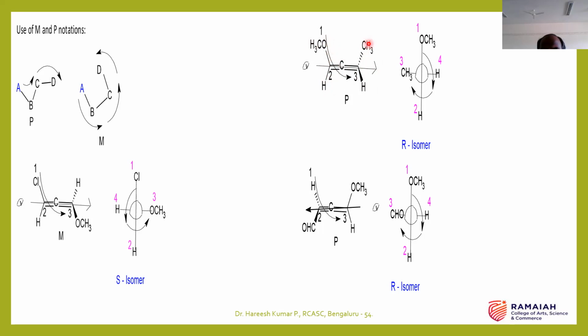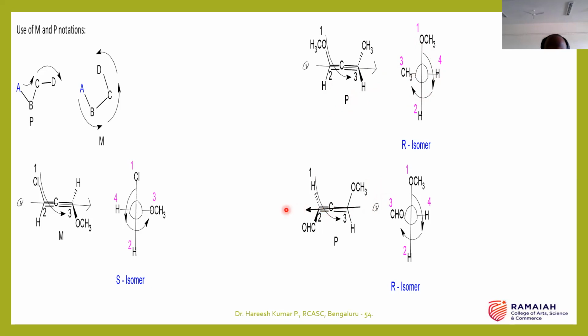Vertical groups are OCH3 and then H. So this is 1, this is 2, and these are the horizontal ones. When you are viewing from this side, CH3 is coming on the left hand side. Then it will move from here to here, here to here. That means it's an R configuration, so it's called P.